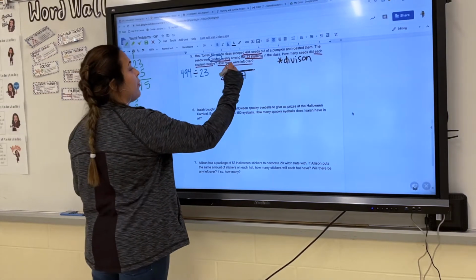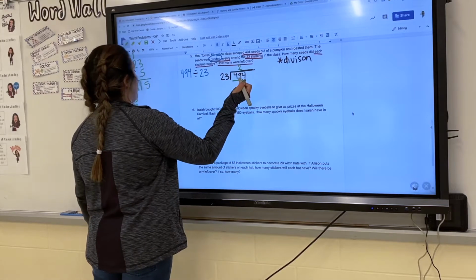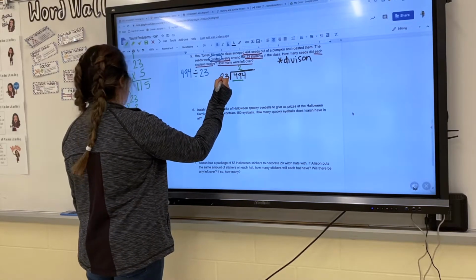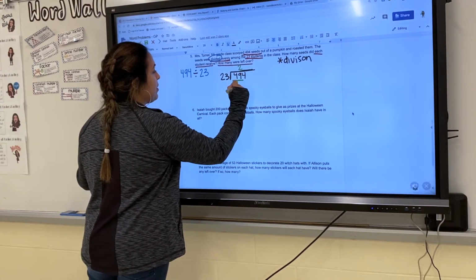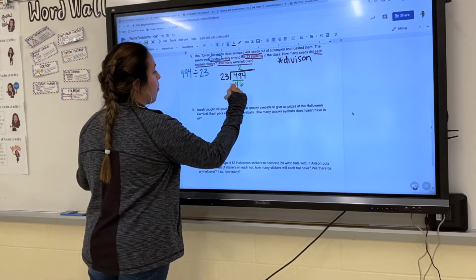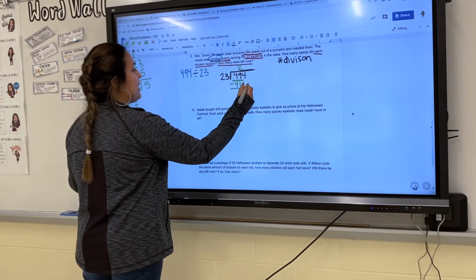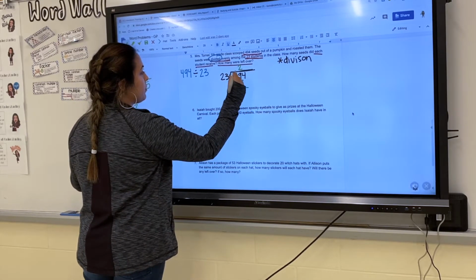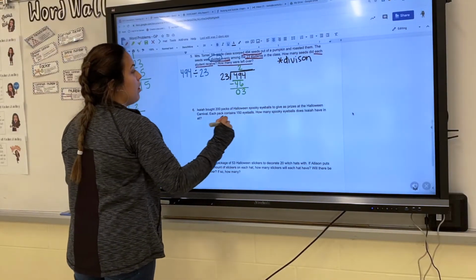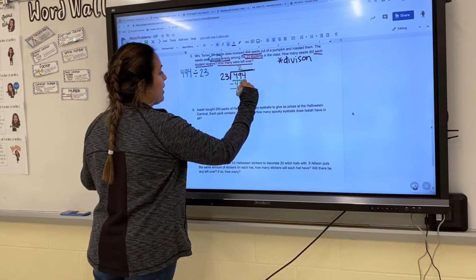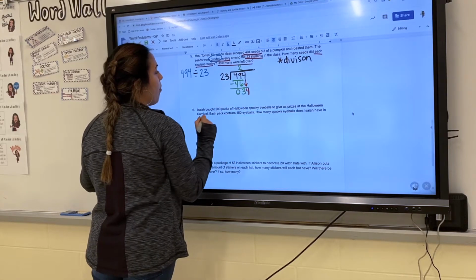So I'm going to put 2 over here above the 9, and then 2 times 23, we did over here, gave us 46, so I'm going to subtract. 9 minus 6 is 3. 4 minus 4 is 0. Now, I need to bring down that 4.